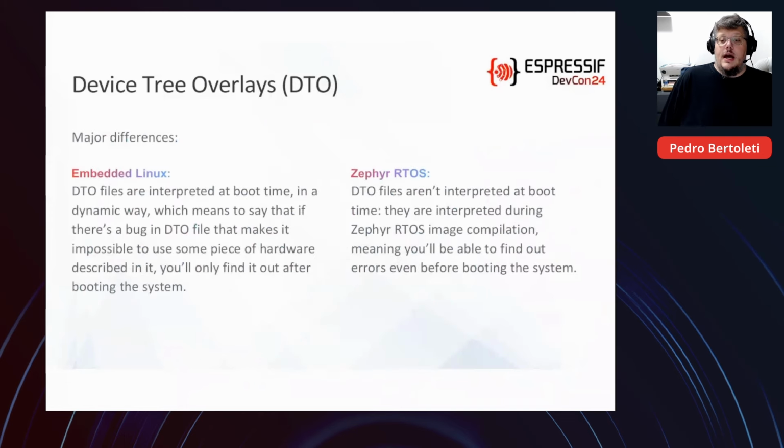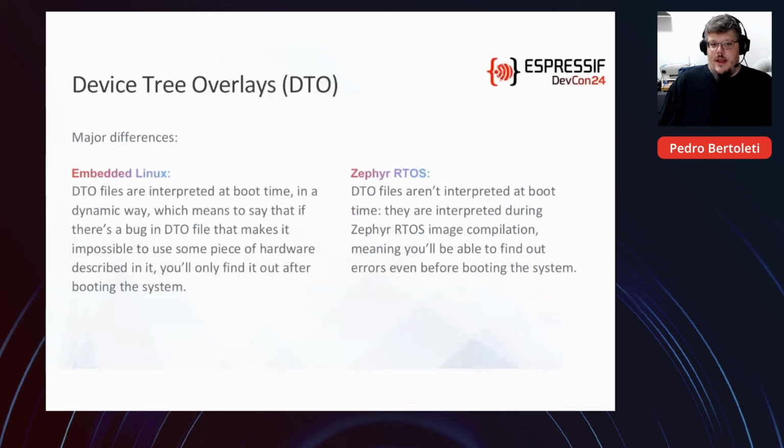Well, here's a comparison between the DTO usage in embedded Linux environments and in Zephyr RTOS development. Although DTO files are described and written the same way in both environments, there's a little difference when it comes to use.